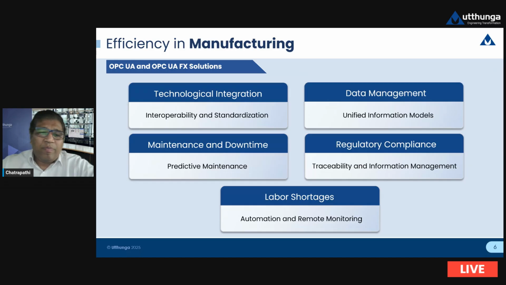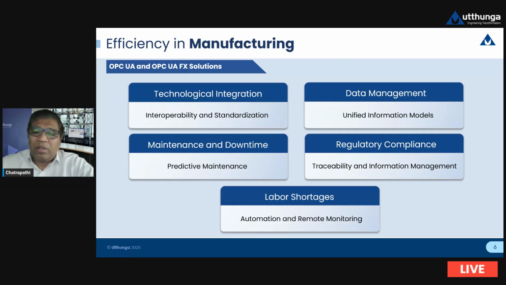And then the labor shortages, or skilled labor shortages. This is again a problem that can be solved by integrating more automation solutions and remote monitoring solutions. So OPC UA and UA FX support remote process monitoring, condition monitoring, and diagnostics through their very rich information models and real-time information exchange.